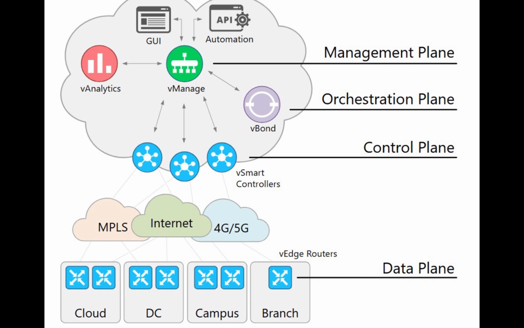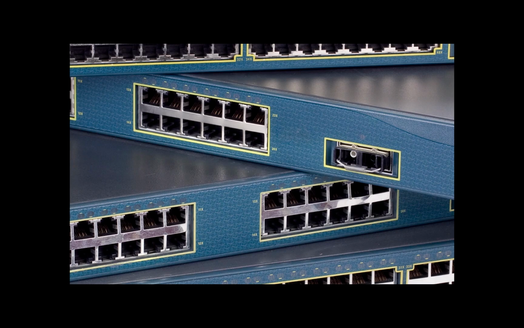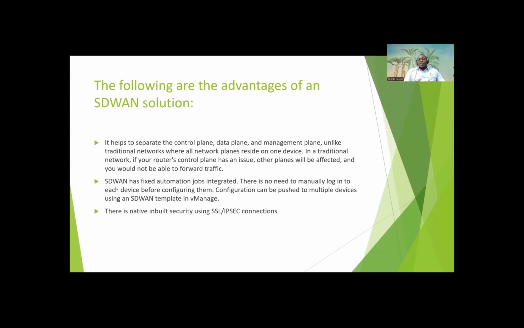Take for instance, in a traditional network, before we get to SD-WAN, on our normal routers or switches, we have a data plane, we have a control plane, and we even have management on our router. But you agree with me that if we have an issue on the control plane, it will affect how the packets are forwarded, and it will affect the management.